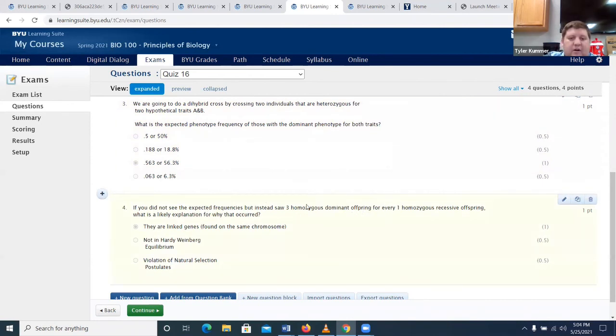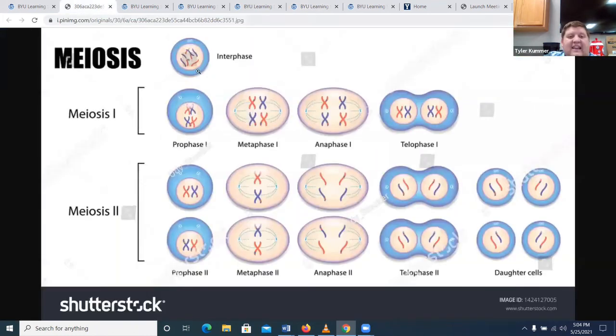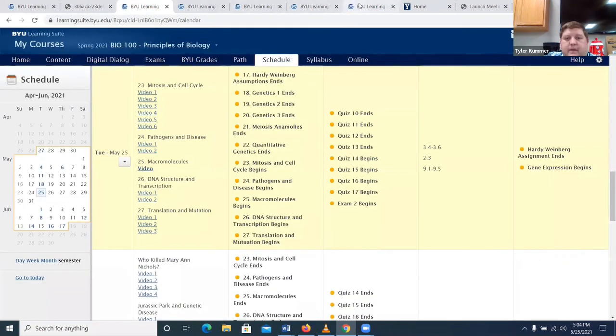Which is way more of the ones that are homozygous dominant for both traits than I would expect to see. When you see that, that's a good indication that they're actually found on the same chromosome, that they're linked genes. So rather than having a 50-50 with how they line up, they would always be stuck together on the same chromosome there.